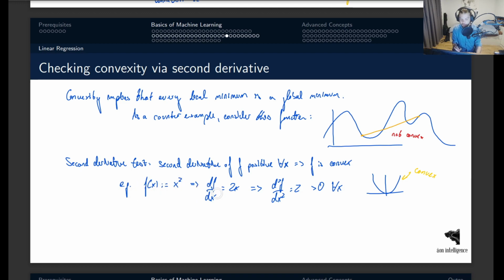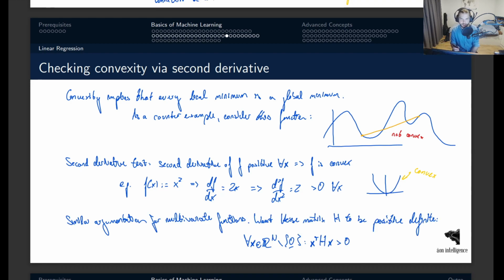Then the first derivative of that function is just 2x. And since we're interested in the second derivative, we differentiate again, and we find that the second derivative of x squared is just 2. And this is always positive for any x. And indeed, if we were to draw this simple function, this quadratic, we see that this indeed is convex.